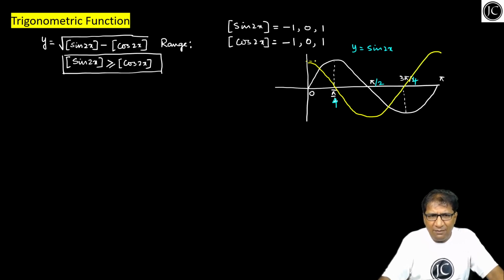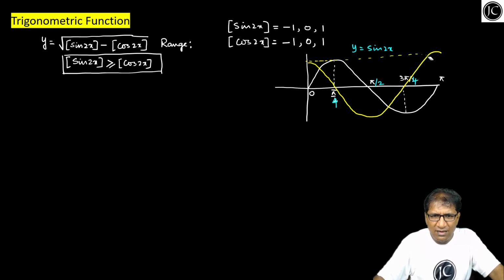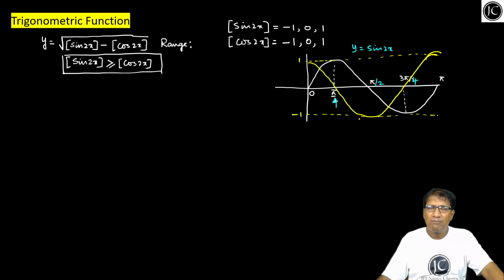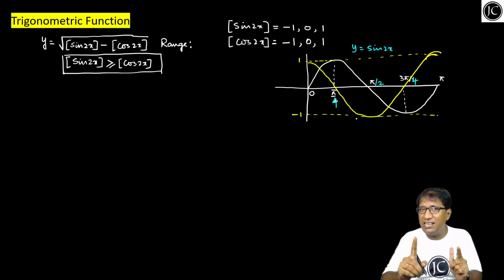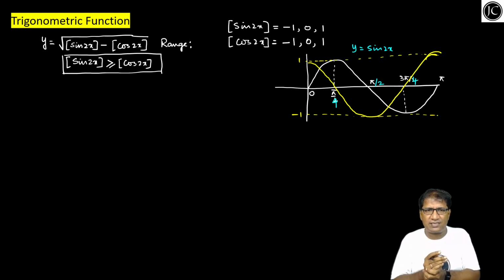This is my 1. And this is my minus 1. Is it clear? Because the value of y will not change. It will simply contract along the x-axis.